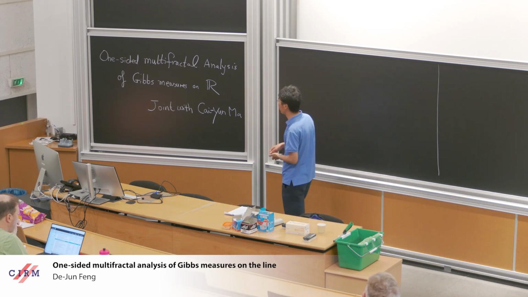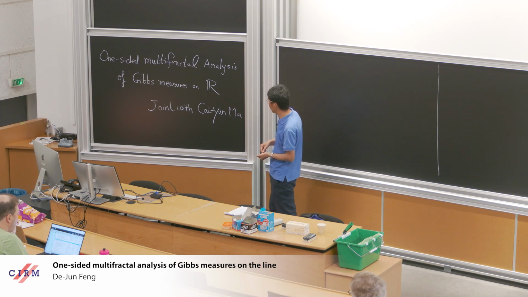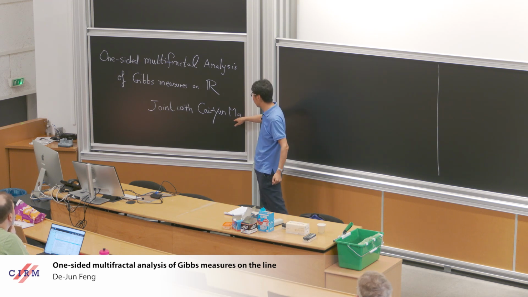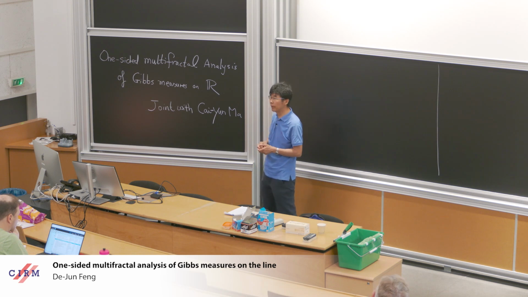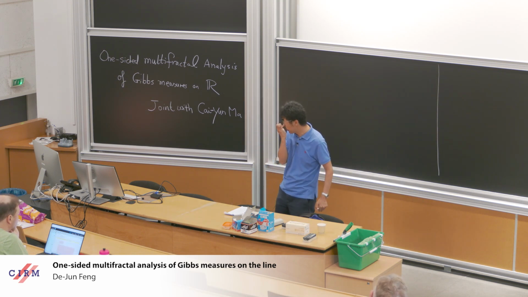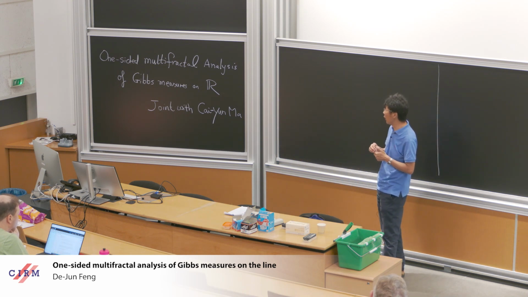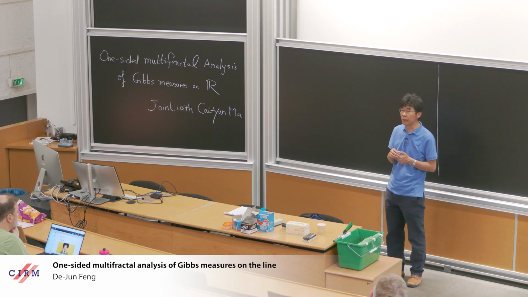In this talk, I will introduce our ongoing joint work with my student Cai-Yun Ma on one-sided multifractal analysis. So first, let me give a brief introduction to the classical multifractal analysis of measures.